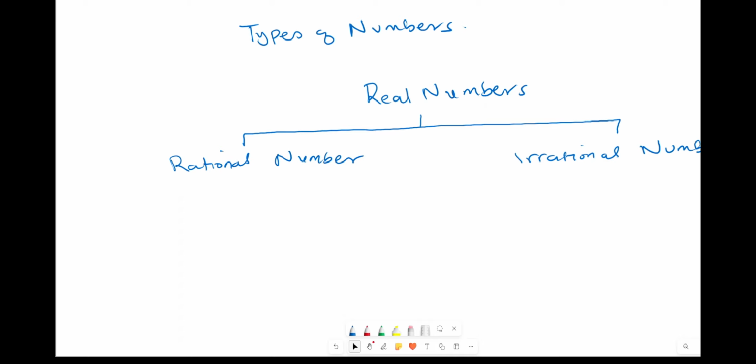So let's continue. Under rational numbers, we have many different kinds of numbers. The first one is integers.